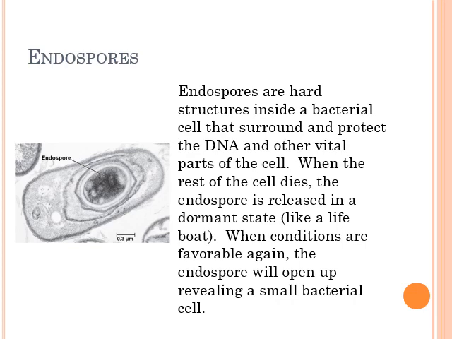When the rest of the cell dies off, the endospore survives in a state of stasis. It doesn't do anything until it encounters positive conditions again, at which point it opens up and the cell begins to reproduce rapidly.